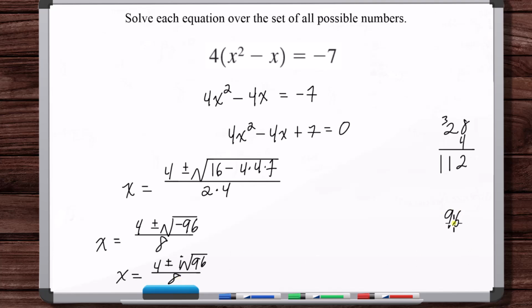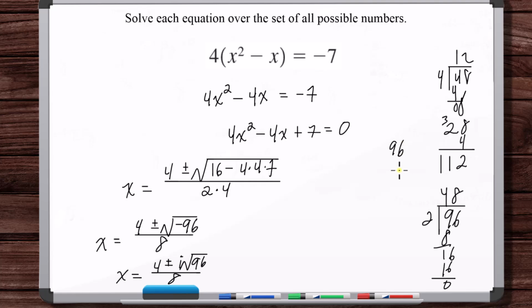Okay, so 96 divided by, let's see, 2 is 48, divided by 4. All right, so we've got 96. That's 48 times 2. That's 12 times 4 times 2. That's 3 times 4 times 4 times 2.